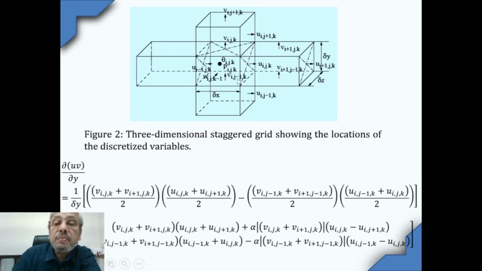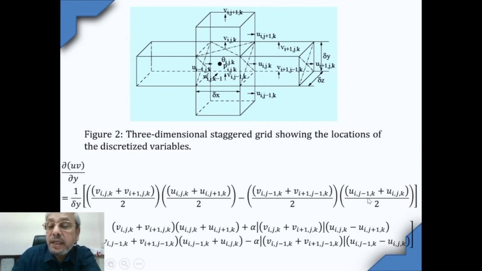So the average of these two terms, vi j minus 1k and vi plus 1 j minus 1k, by 2, and u will be uijk plus uij minus 1k by 2.